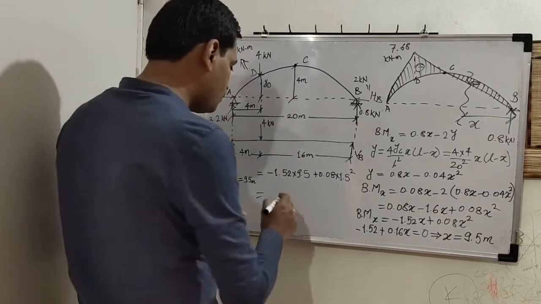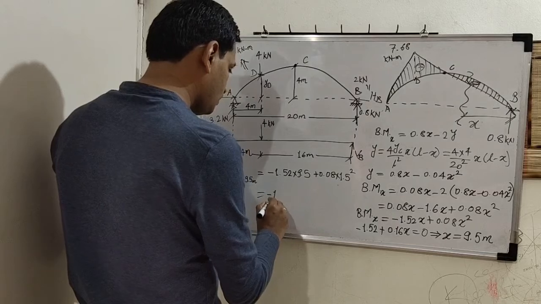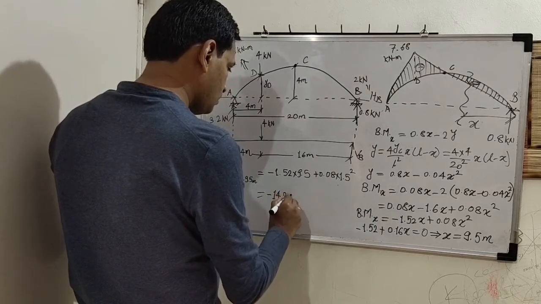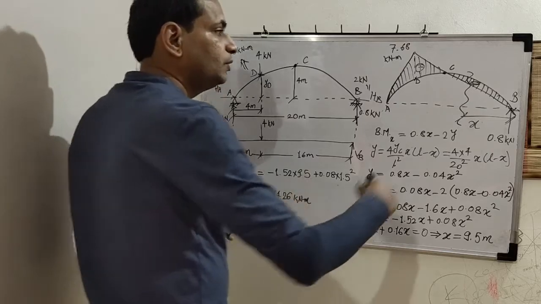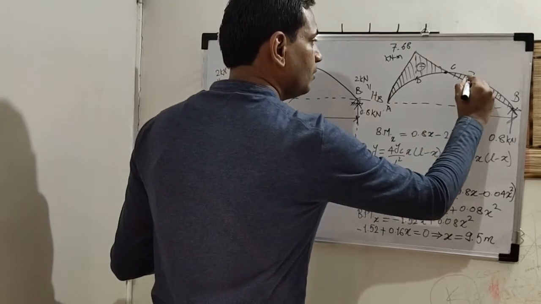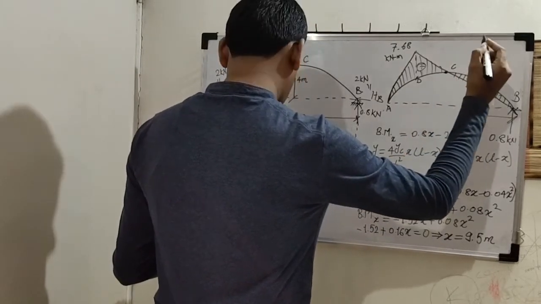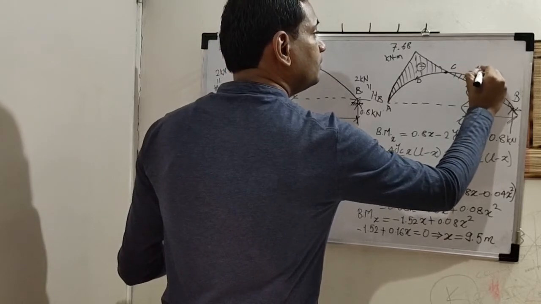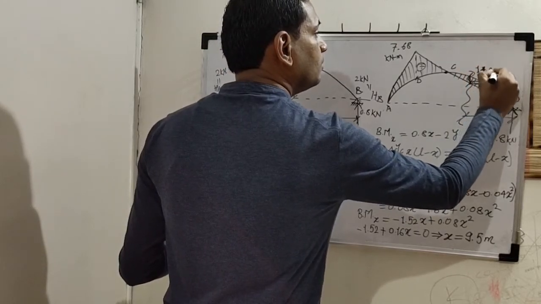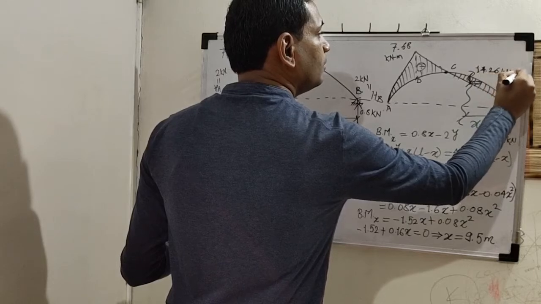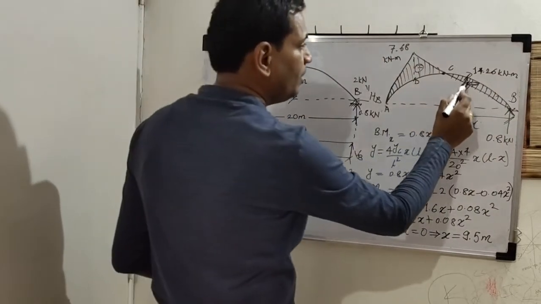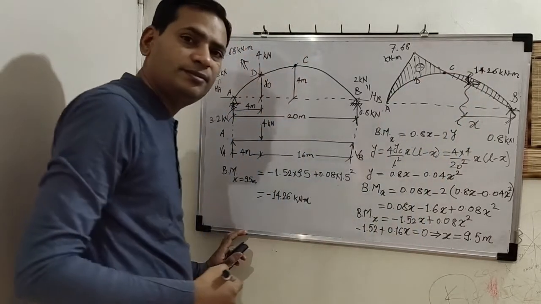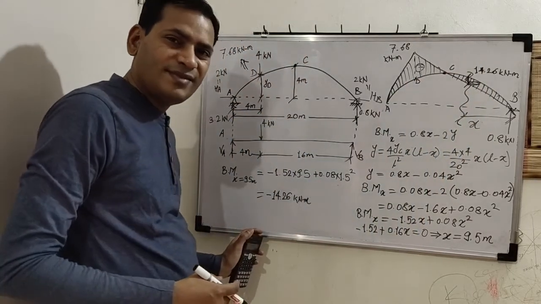So the value is minus 14.26 kilonewton meter. So it is somewhere here. This value is 14.26 kilonewton meter. So maximum positive value is 7.68, maximum negative is 14.26. Okay. Thank you.